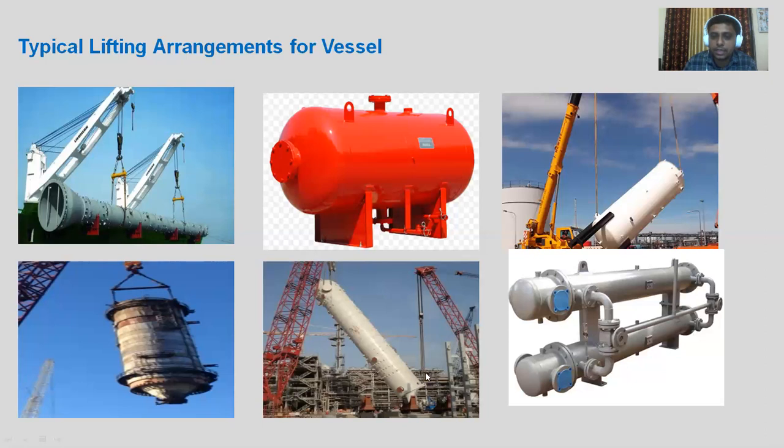There will be one tailing lug and those two trunnions over there. These trunnions will be attached with the lifting belt, and that belt will be attached to the spreader bar like this.